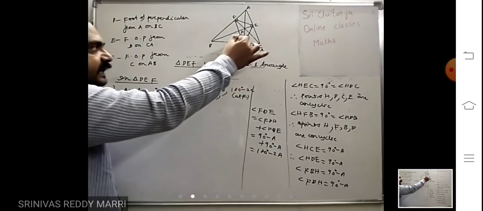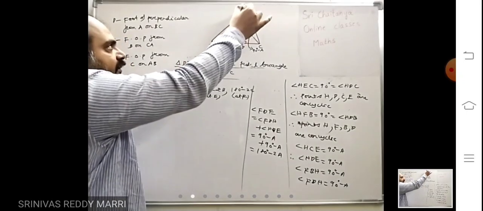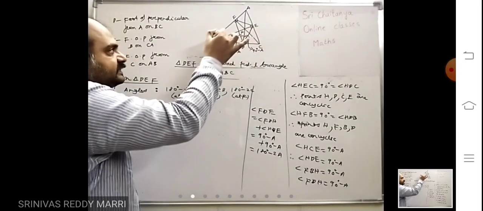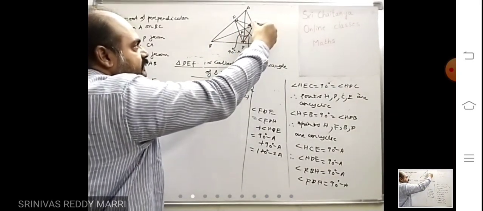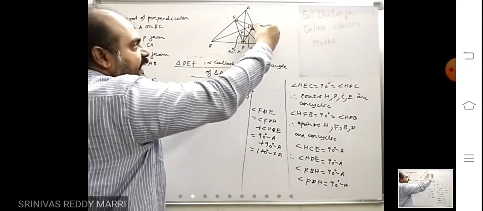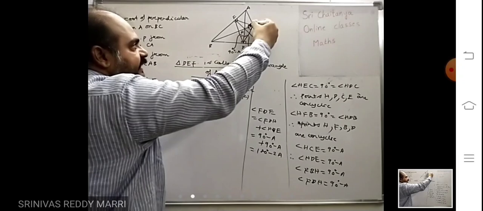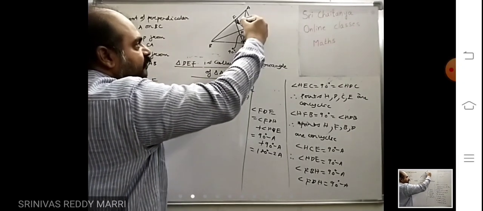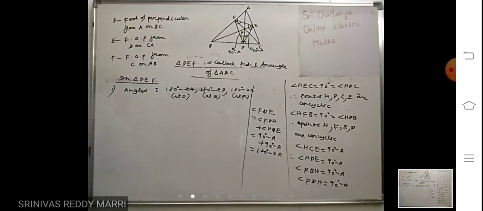That is our required angle at D. So one angle in this triangle is 180 minus 2A, opposite to vertex A. Similarly, opposite to vertex B, this angle is 180 minus 2B, which means this half angle will be 90 minus B. Similarly, opposite to vertex C, this angle is 180 minus 2C. Those are the angles in the triangle.